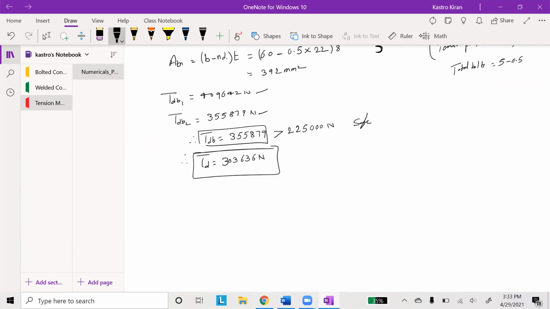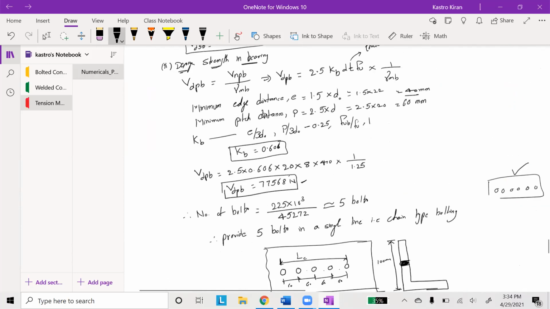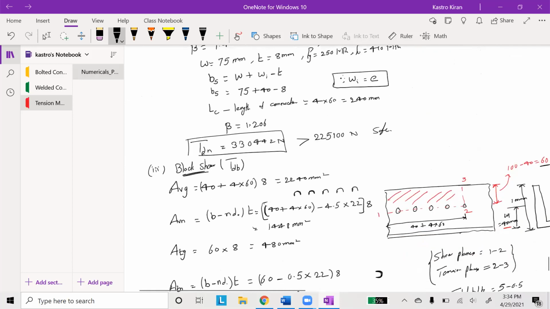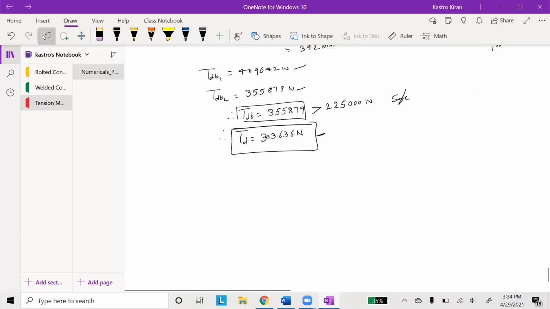So this is the design tensile strength of the connection. That means this plate or this angle section can carry up to 303 kilonewtons of load, right? But what they have asked is to design for 225 kilonewtons, but we have designed for more than what is required. So that will be keeping the section in a safe position only, right?